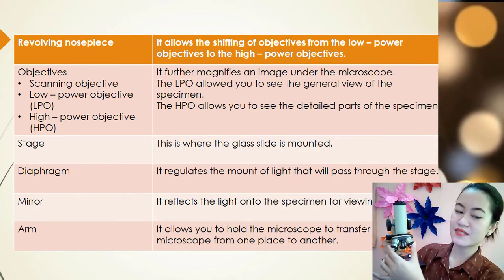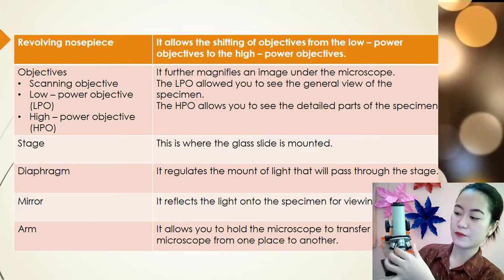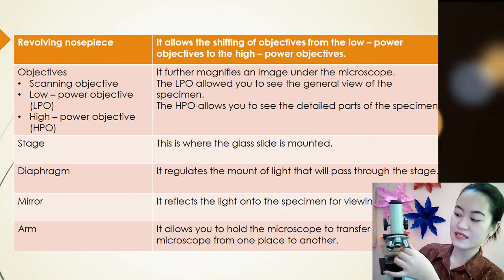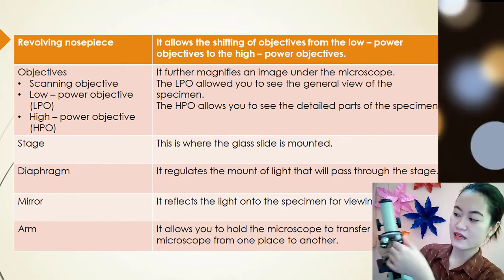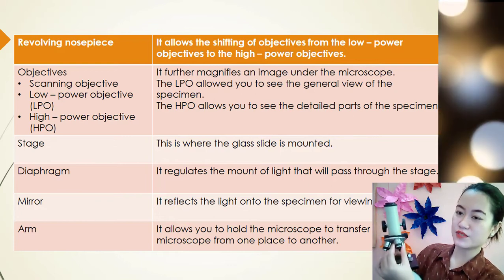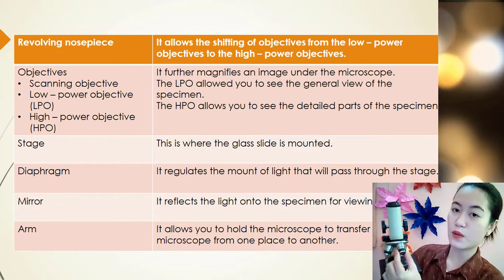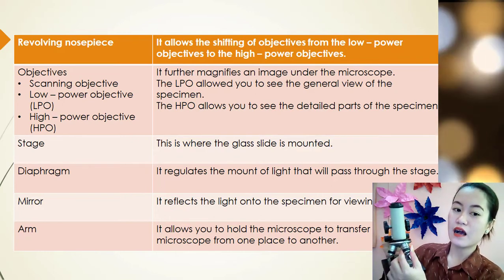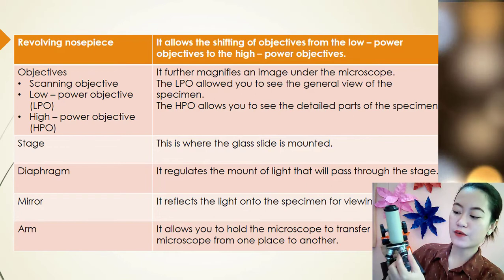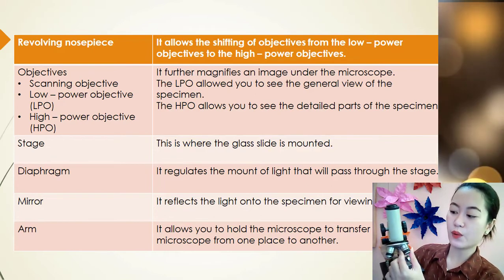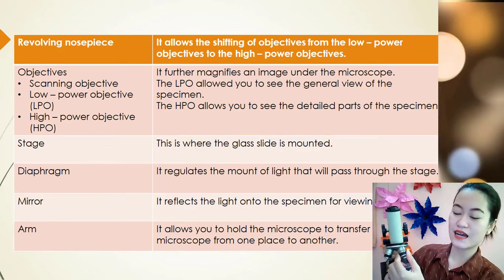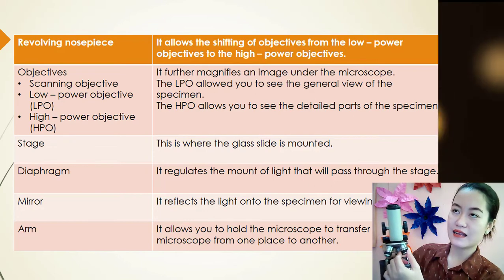So in the objectives, class, we have the scanning. Where is the scanning, class? So this is the scanning objective. Itong kulay red. Ilan yung kanyang power pagdating sa objective? 4 times yung kanyang lens.